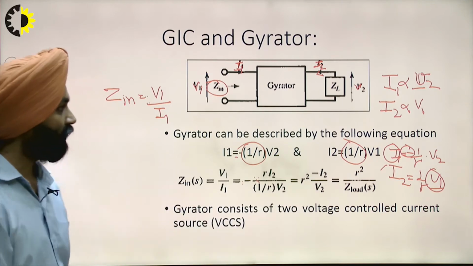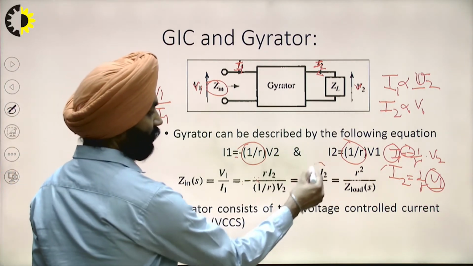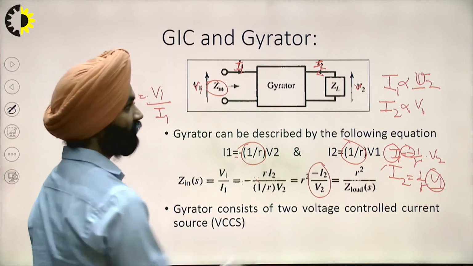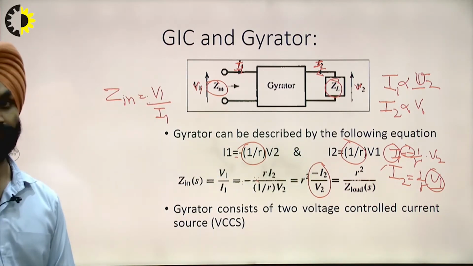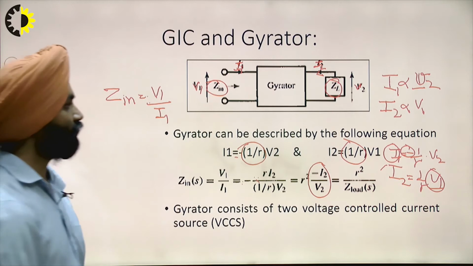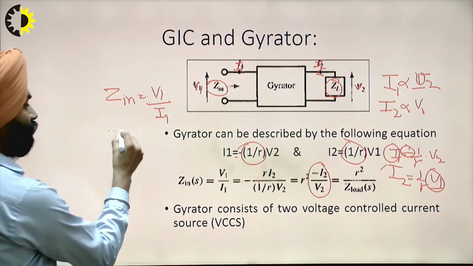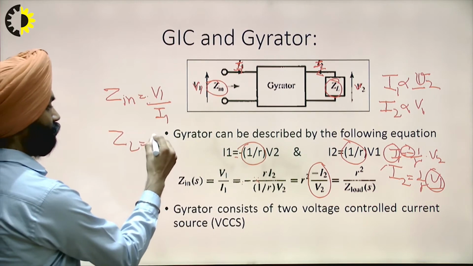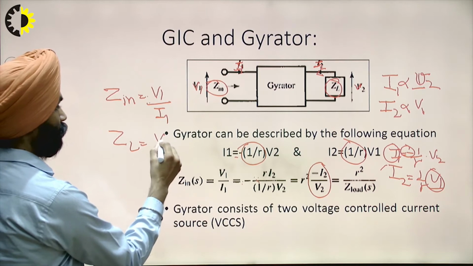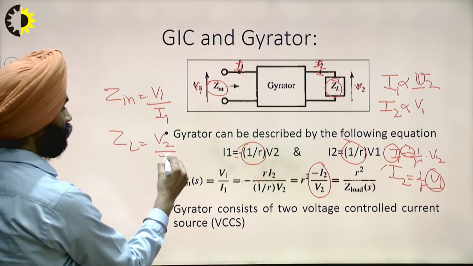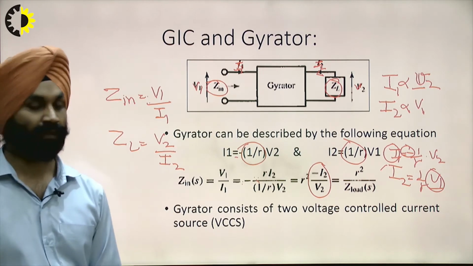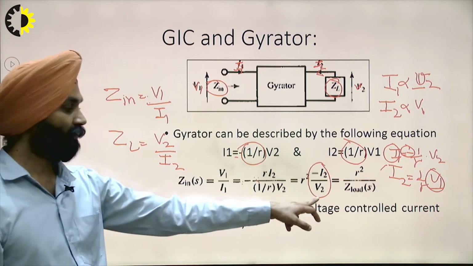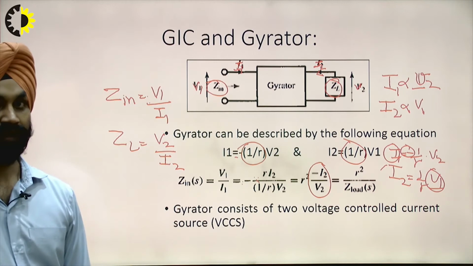Now I2 by V2 is related to the output or load impedance ZL, which can be given as V2 by I2. So I2 by V2 will give the negative of the load.